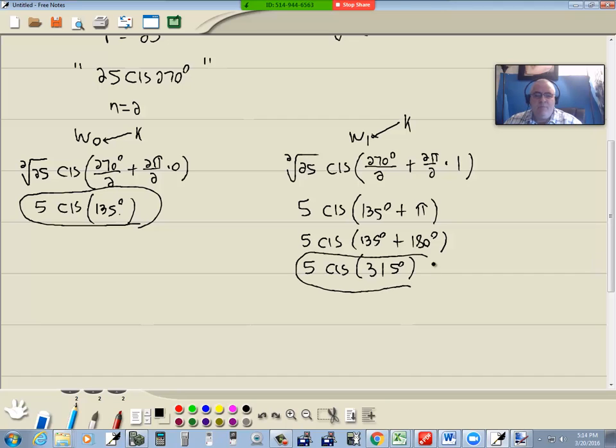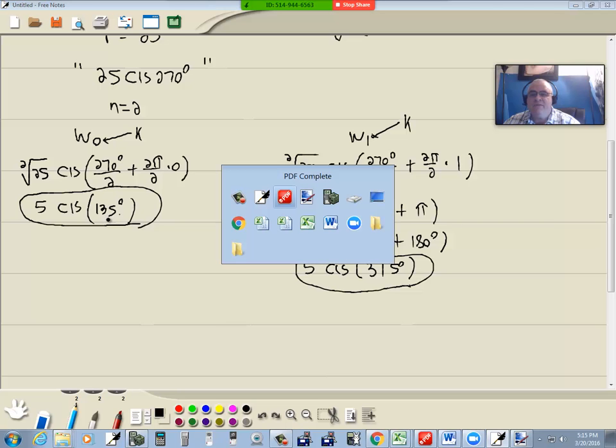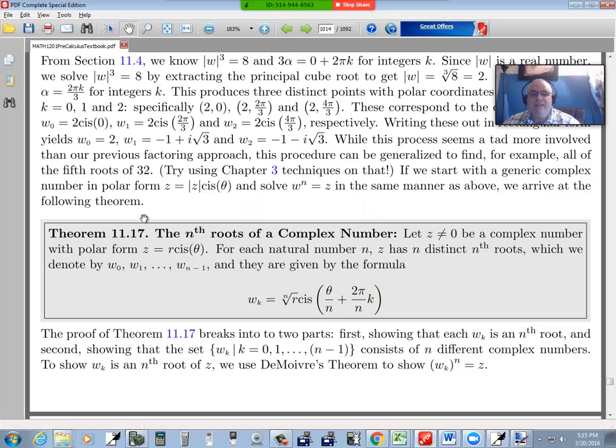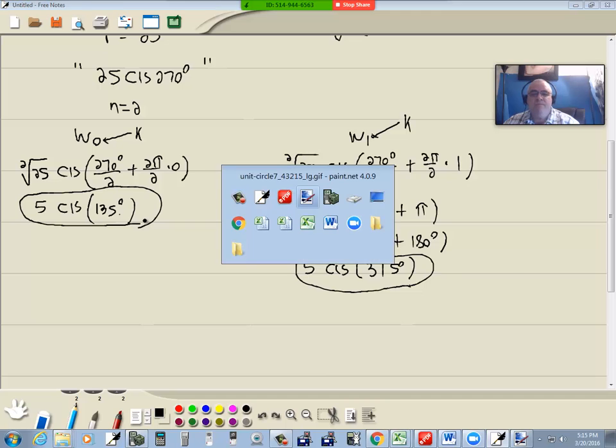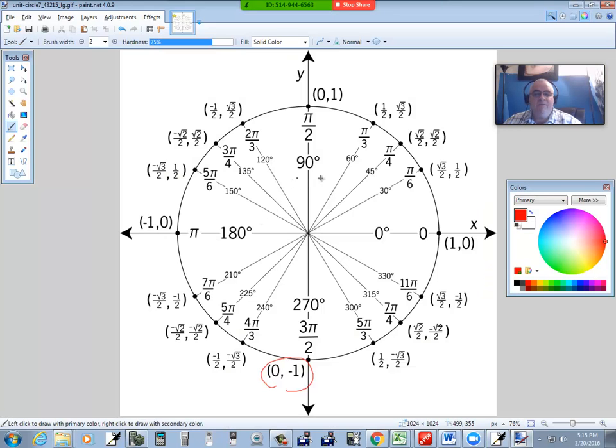Now we could get exact answers for those. Those are what they are in polar form. And for rectangular form, let me mention it. To get the exact answers, you could take the 135 degrees and look that up on your unit circle, and for 135 degrees over here, you could get those values.